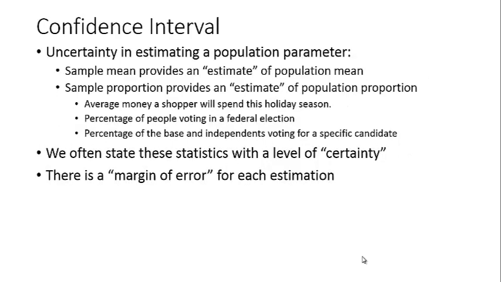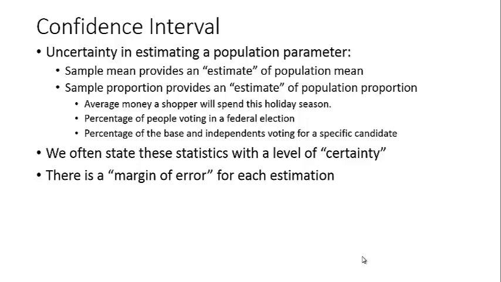We also have confidence interval concept. We do have some level of uncertainty when we have an estimation of any population parameter. Any estimate based on a sample has some error, so we need to develop a confidence interval with our estimation.